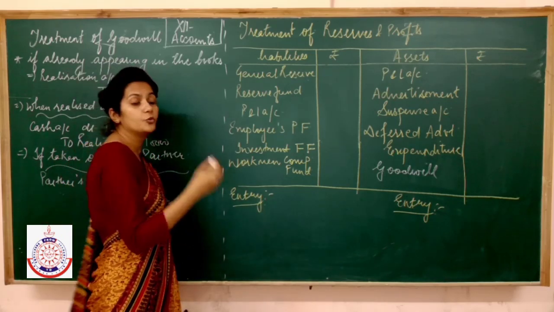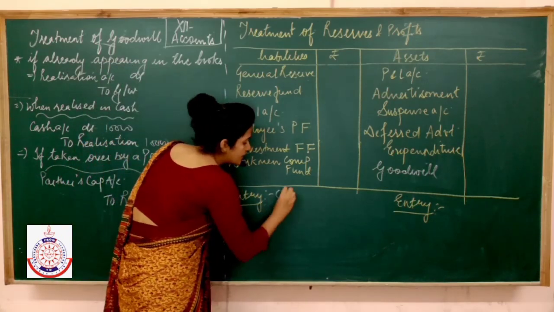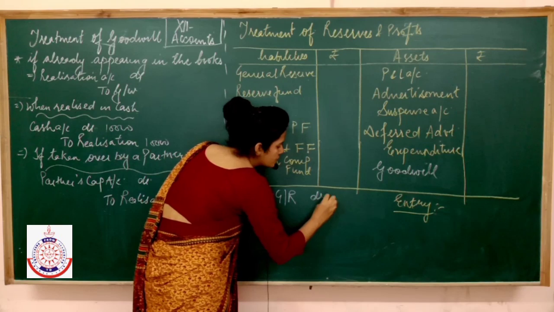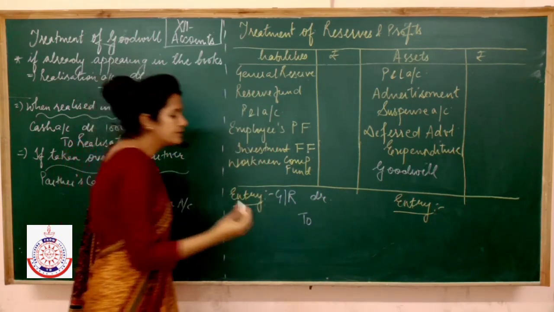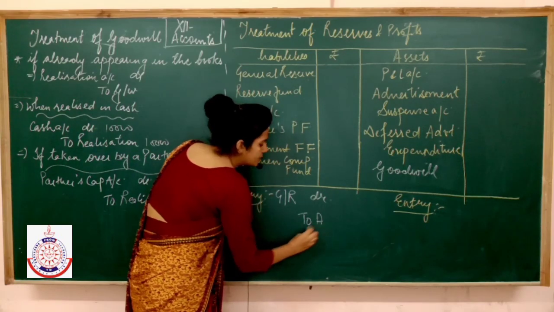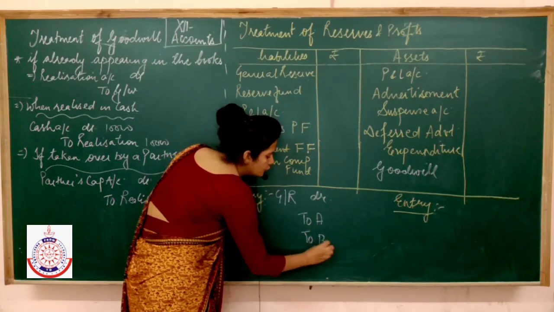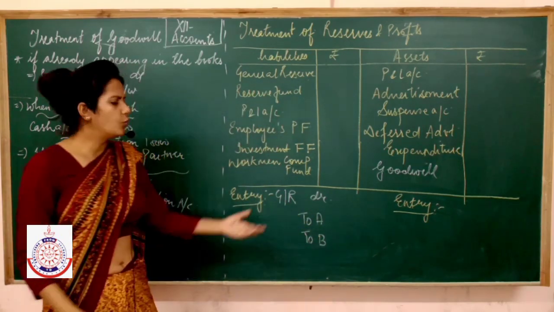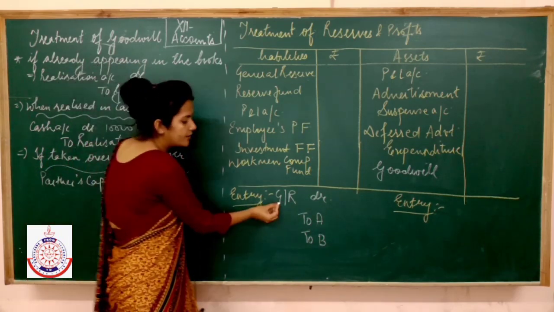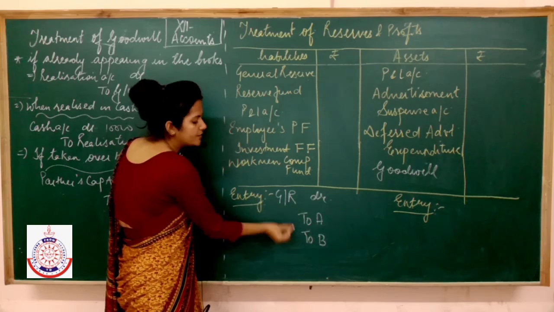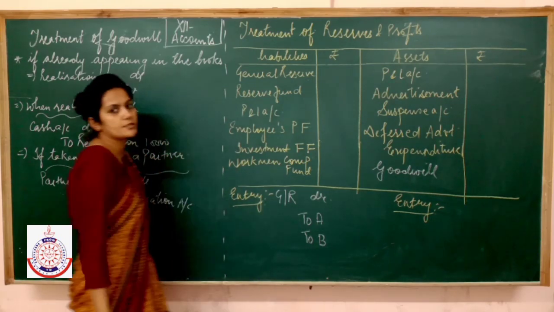The entry, you know it very well. Entry is general reserve account debited to the partners. Let's say there are two partners, then you will be passing the entry general reserve to A to B, and the ratio is their old profit sharing ratio only. Fine. So as we are giving general reserve to A and B, their accounts will be credited.